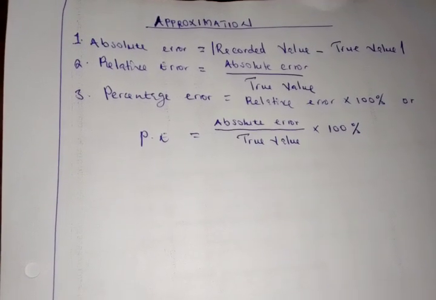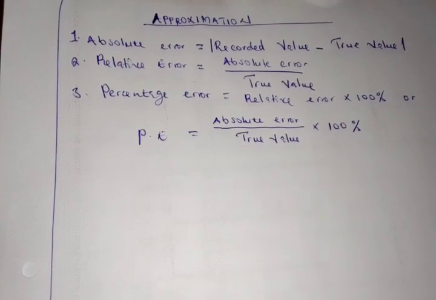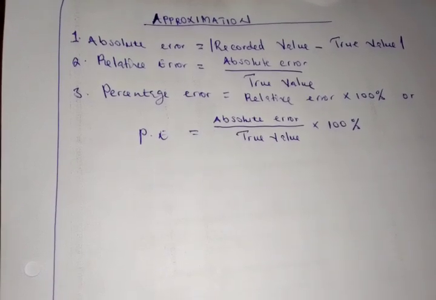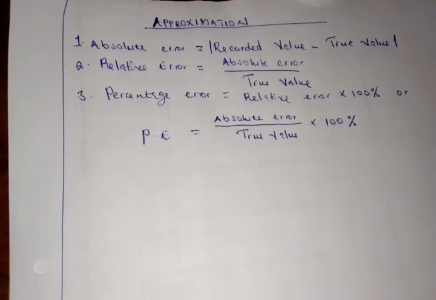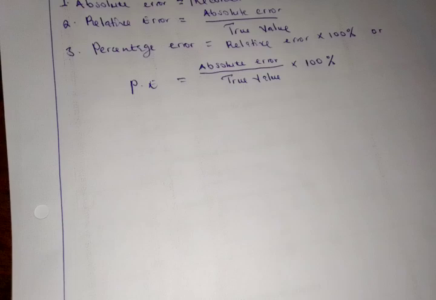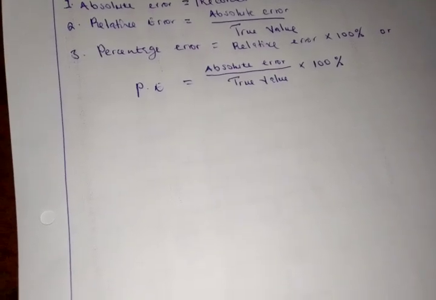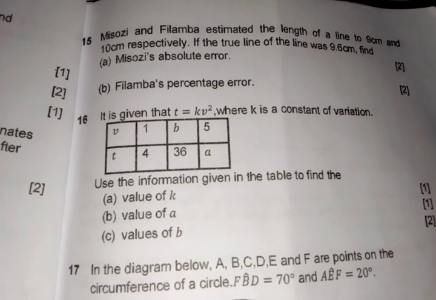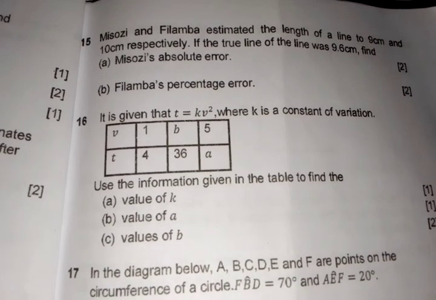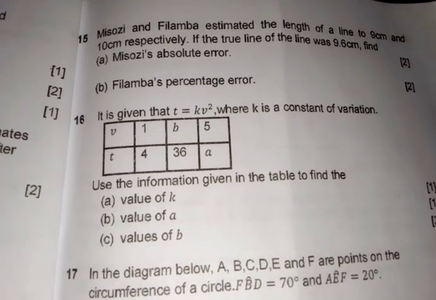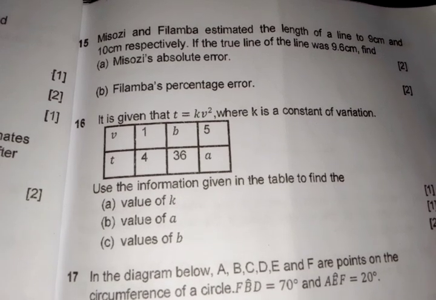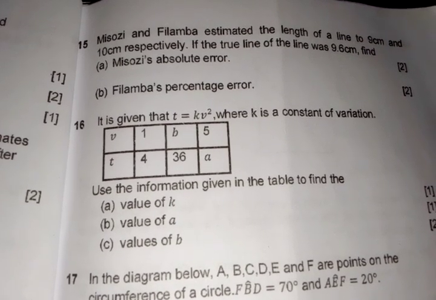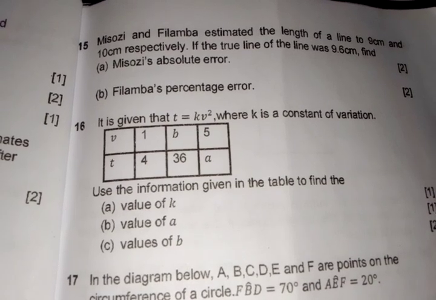So let's get an exam question paper here and see how these concepts can be applied. Here's a question from the past paper, which reads: Misozi and Filamba estimated the length of a line to be 9 centimeters and 10 centimeters respectively.